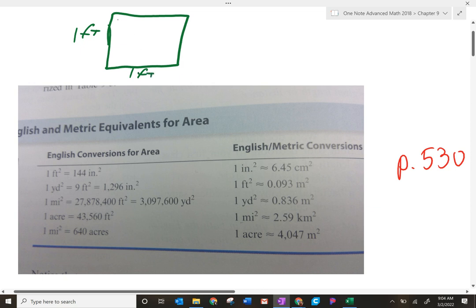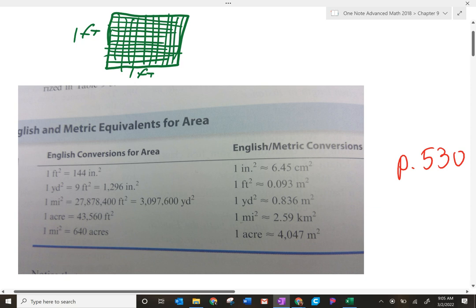So 1 foot is going to be 12 inches long. And then this will also be 1 foot long.